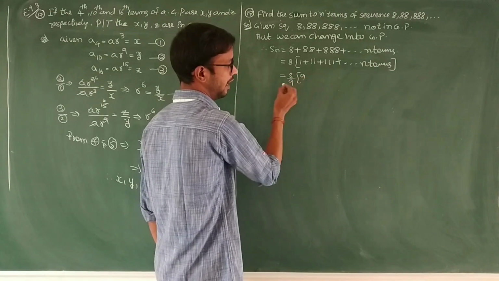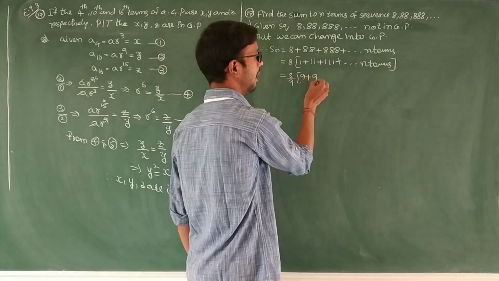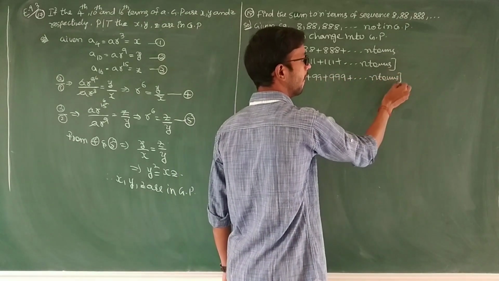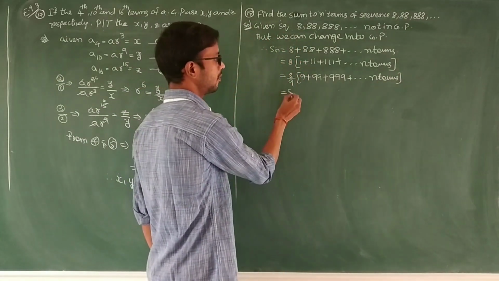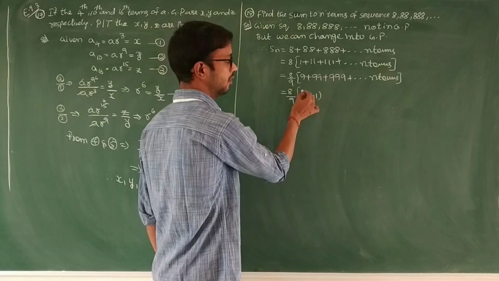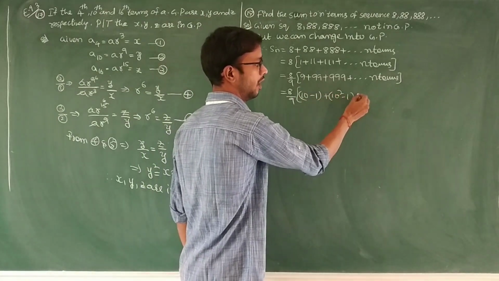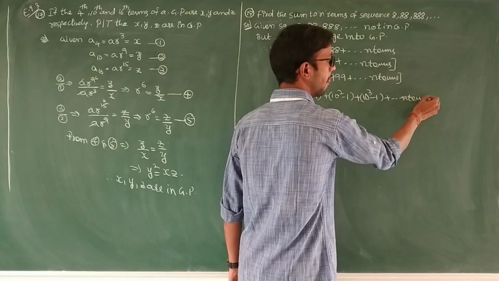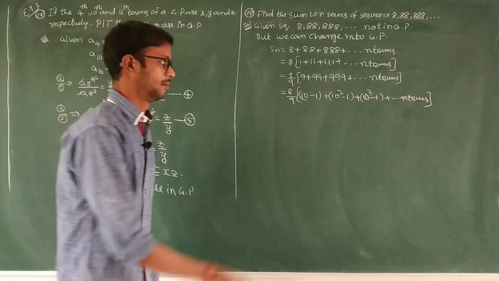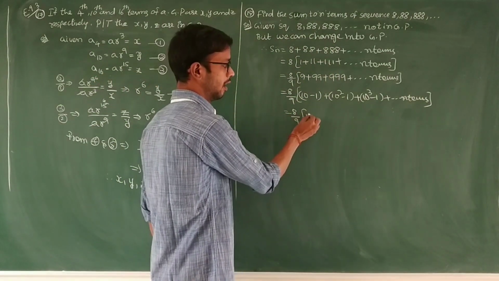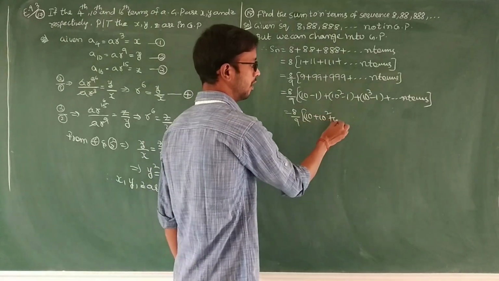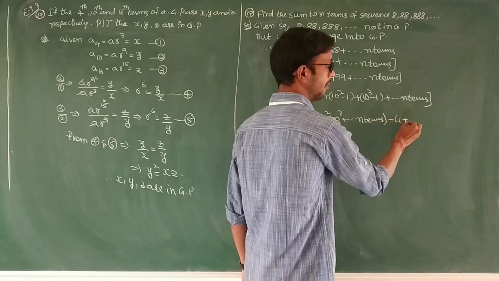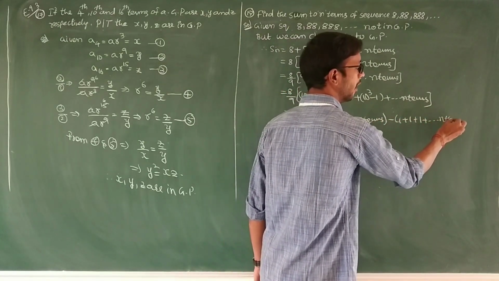Multiply with 9 and divide by 9, so 9, 99, 999, so on, n terms. Next step, 8 by 9, 10 minus 1 we can write, 10 square minus 1, 10 cube minus 1, so on, n terms. Now 8 by 9, 10 plus 10 square plus 10 cube plus so on, n terms, minus 1 plus 1 plus 1, n terms.